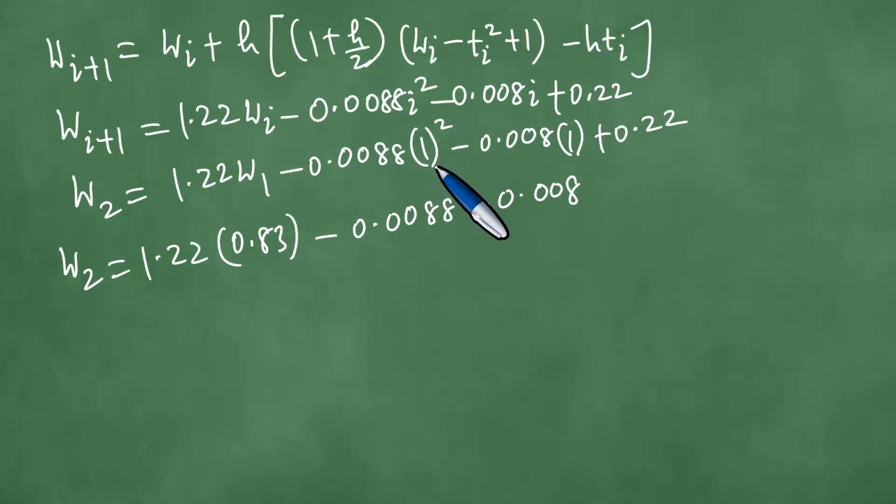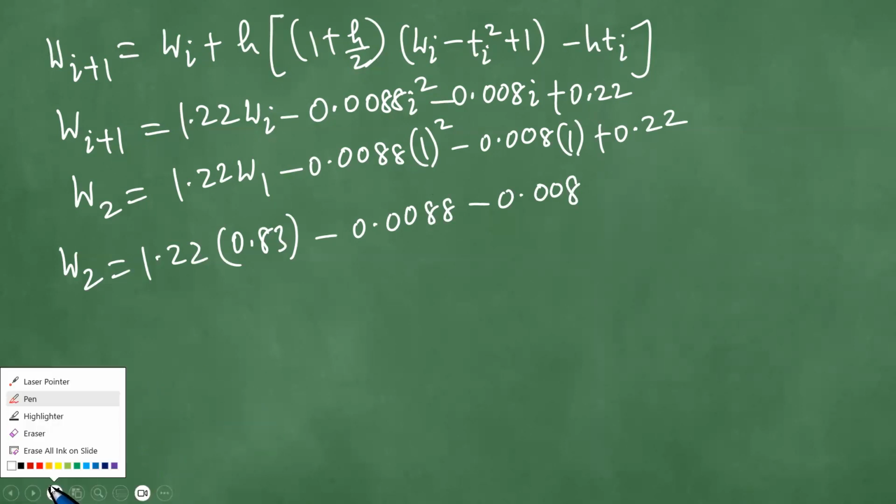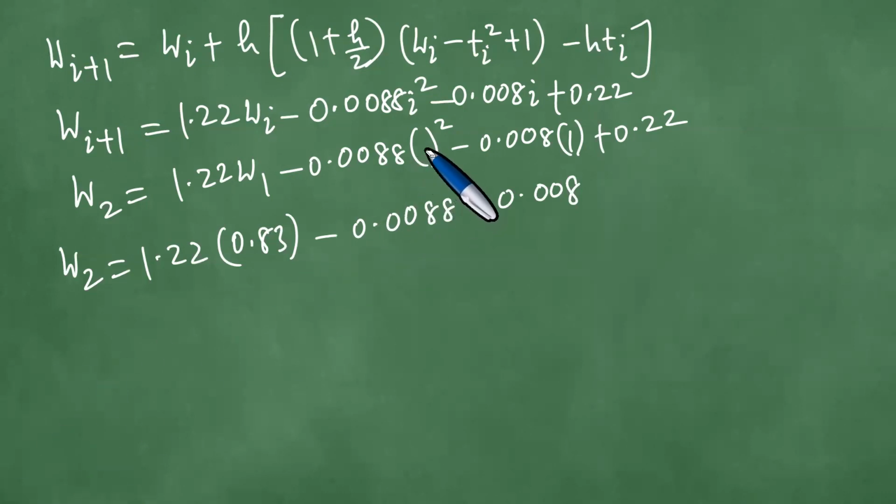This one is going to be 0. The i here is going to be the next i, so it's going to be 0.2. Just watch that out because of the usage here. We need to be very careful. So this one is going to be 0.2. Please just note that.